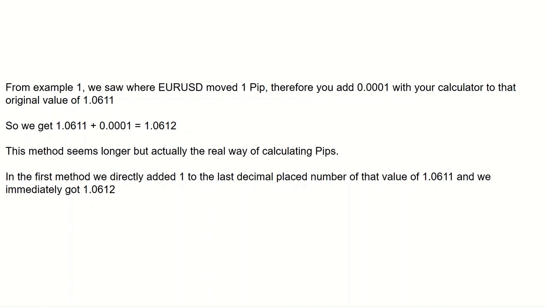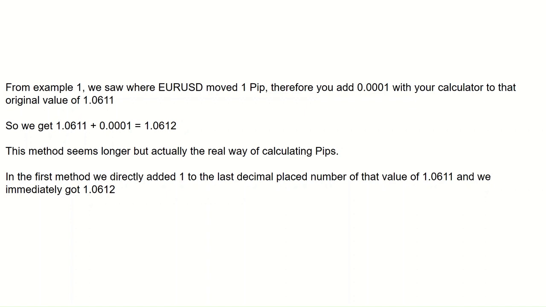From example 1, we saw EUR/USD move 1 pip. Therefore, you add 0.0001 with your calculator to that original value of 1.0611.